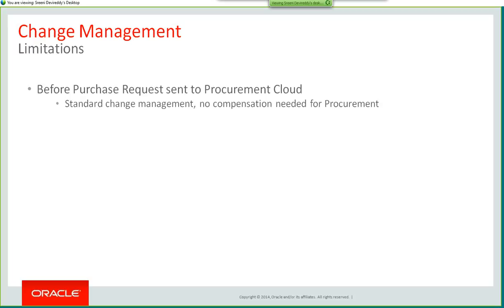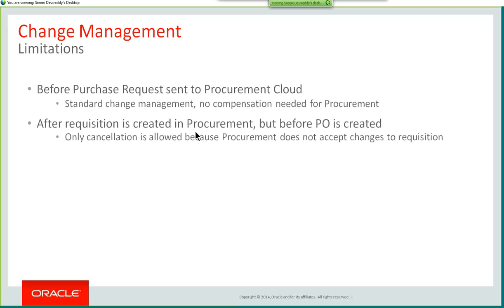Before the purchase requisition is created, the change management that is allowed is the same as the standard order change management. We covered a lot about change management in our order management workshop. You can define rules and constraints, what is allowed and what's not allowed. That standard change management is applicable if the requisition is not created yet.